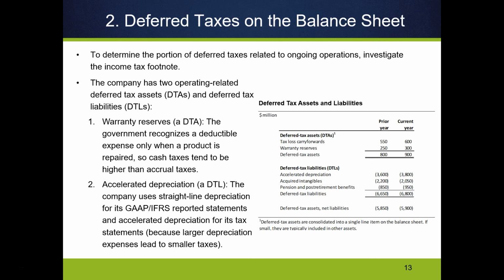This is a difference between straight line depreciation for GAAP statements and MACRS accelerated depreciation for IRS statements. And companies prefer accelerated depreciation because they pay lower taxes, and the IRS will let you do that. But GAAP rules require straight line, and so then we're going to have a difference between reported and cash taxes, and we need to adjust for that.